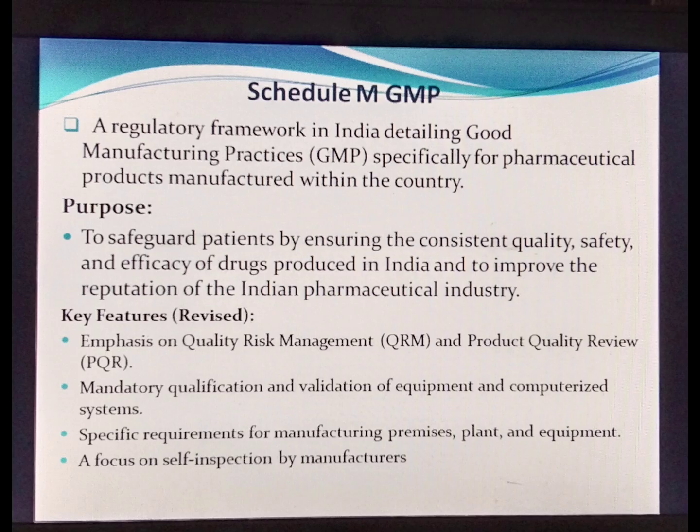Key features: the revised Schedule M emphasizes quality risk management, that is QRM, and product quality review, that is PQR. Mandatory qualification and validation of equipment and computerized system. Specific requirement for manufacturing premises, plant and equipment. A focus on self-inspection by manufacturer.